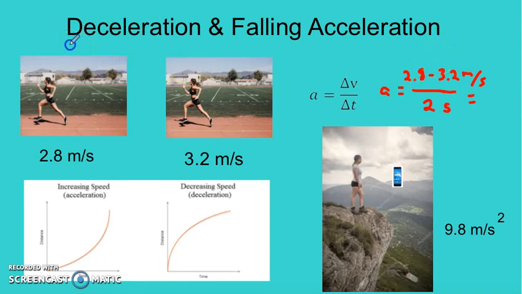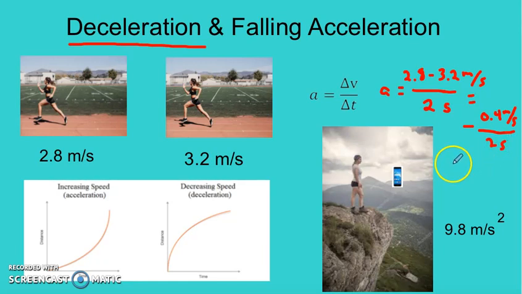One thing to note is that anytime you have negative acceleration or deceleration, you're going to have a negative number. Anytime you have positive acceleration, of course, it will be a positive number. So 2.8 minus 3.2 is going to be negative 0.4 meters per second over 2 seconds.